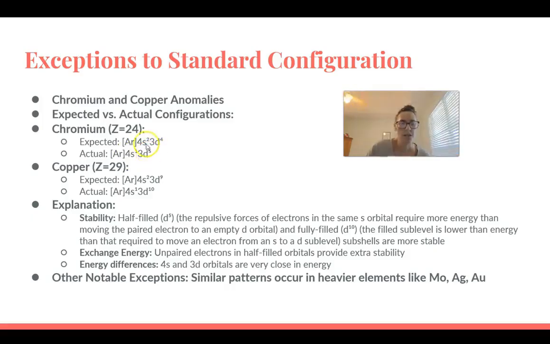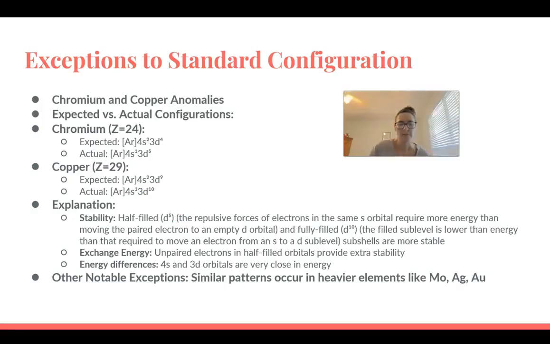So you can see that the electron from the 4s sublevel actually moves to fill the 5th empty d orbital. And then the same thing happens for copper. So instead of 4s2, 3d9, one electron from the s sublevel moves up to fill the last open position in the 3d sublevel. And this all has to do with energy and stability.